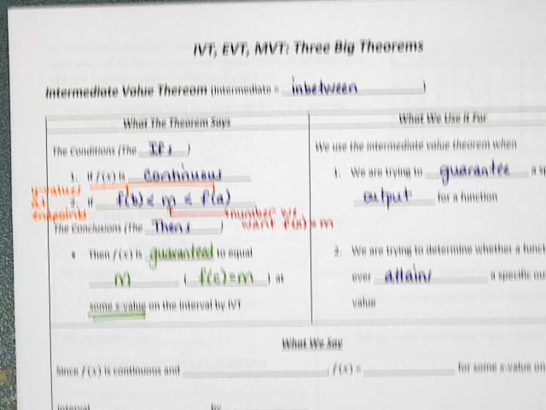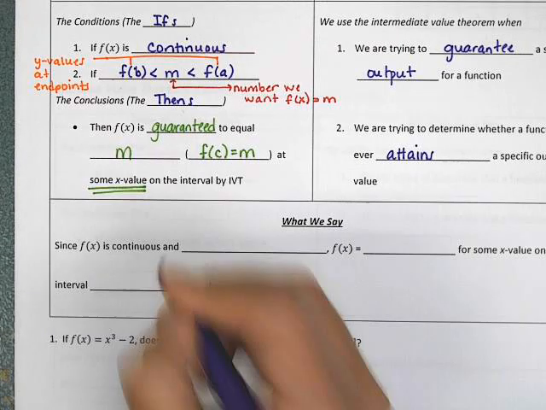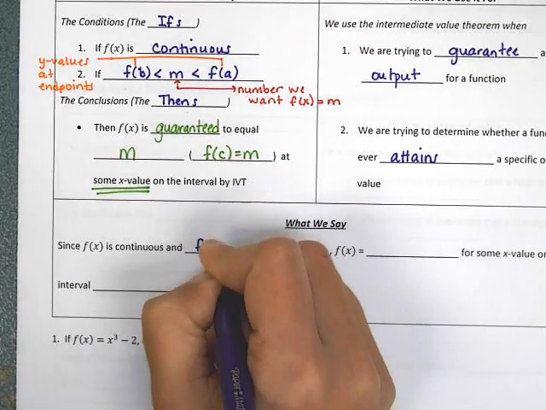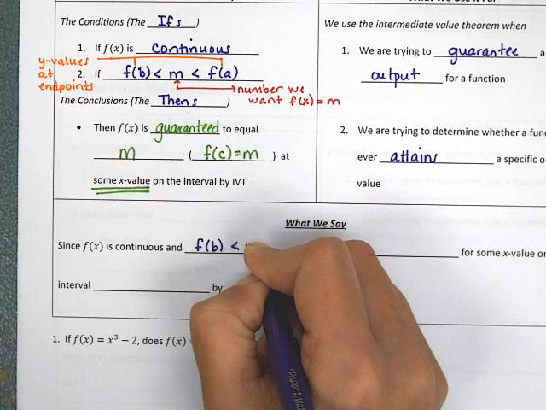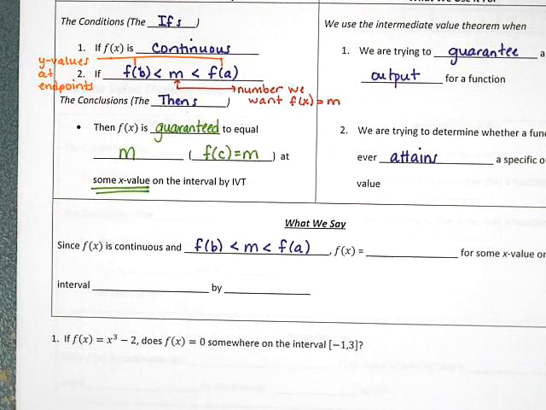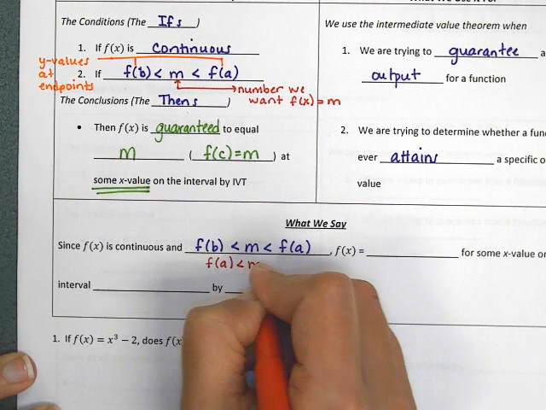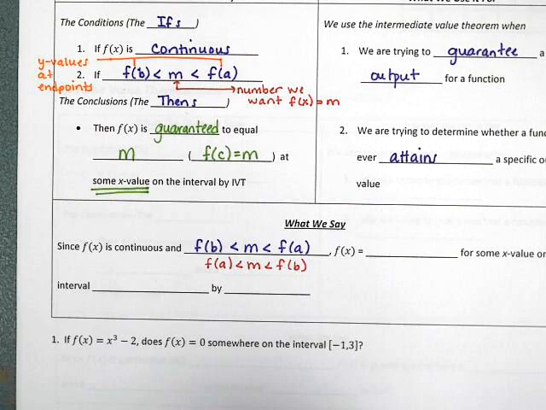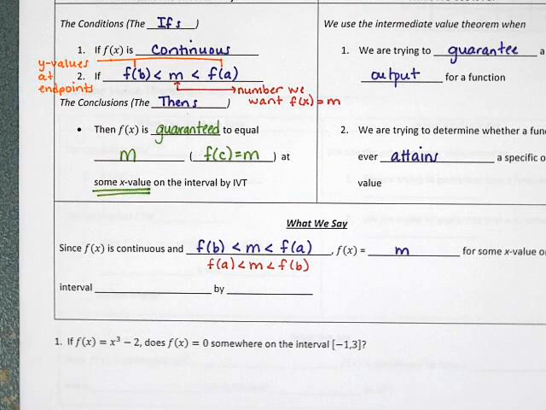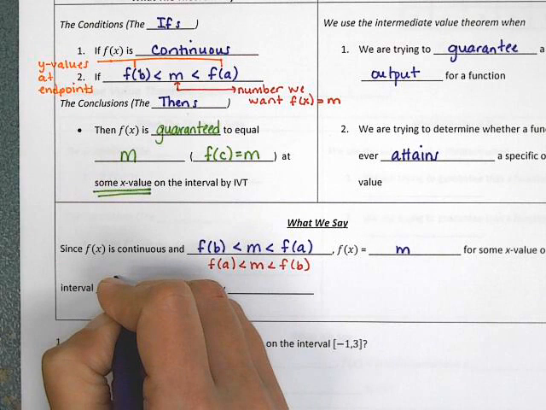Now this is kind of like a fill in the blanks thing: since f of x is continuous and f of b is less than m is less than f of a, or depending on what numbers you have, this is reversible. It could be f of a is less than m is less than f of b. It just depends on what order they go in. f of x equals your desired value m for some x value on the interval a comma b by the IVT.